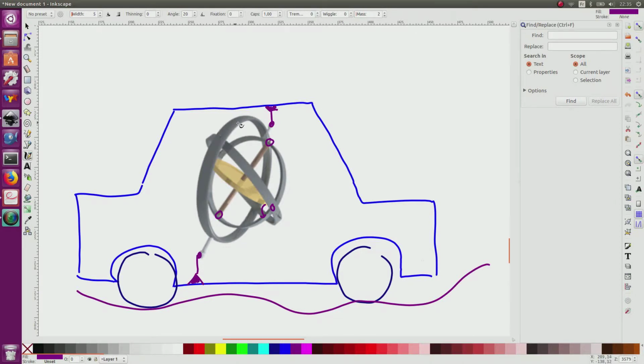So the orientation of the disk is assumed to be fixed.